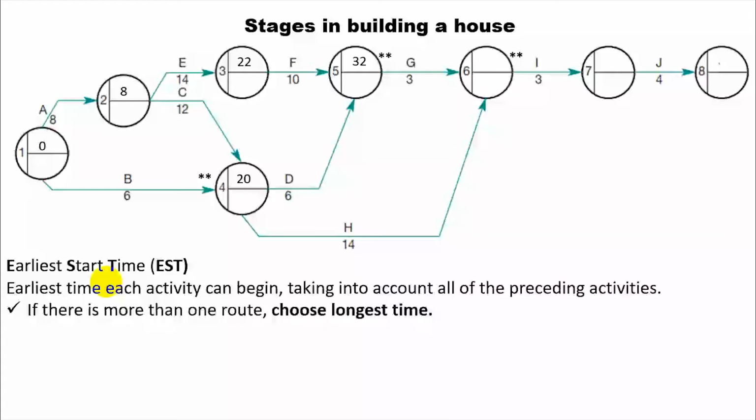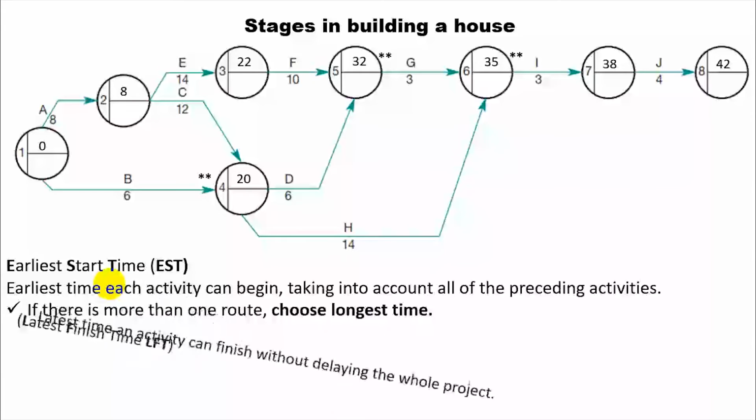There are two routes. For G, that will be 35. For H, it is 34, so we choose 35. For node 7, it is 35 plus activity I, which is 38. Then node 8 is 38 plus 4, which is 42.